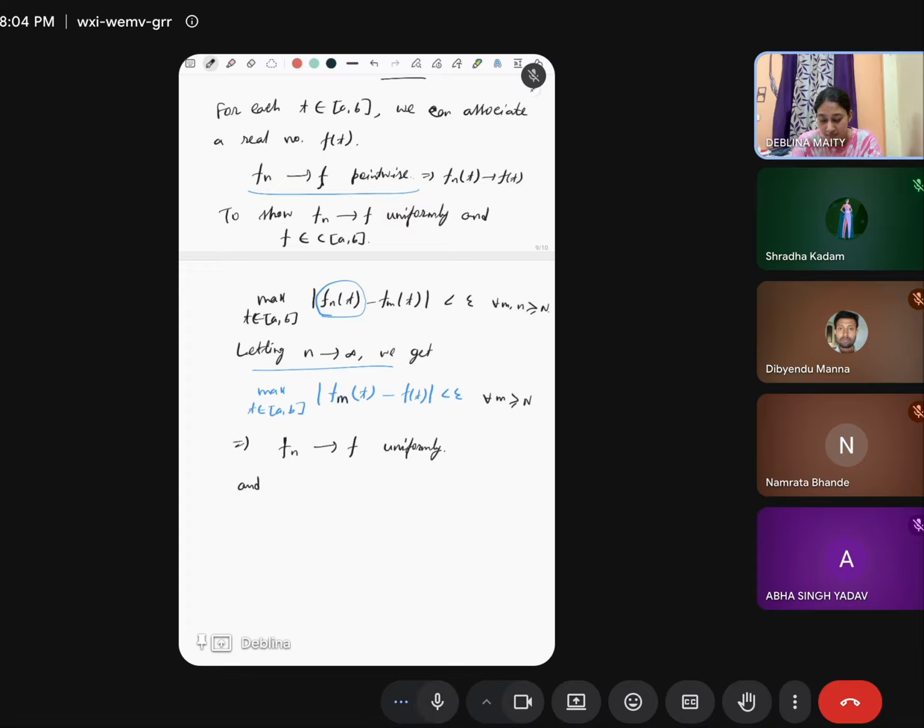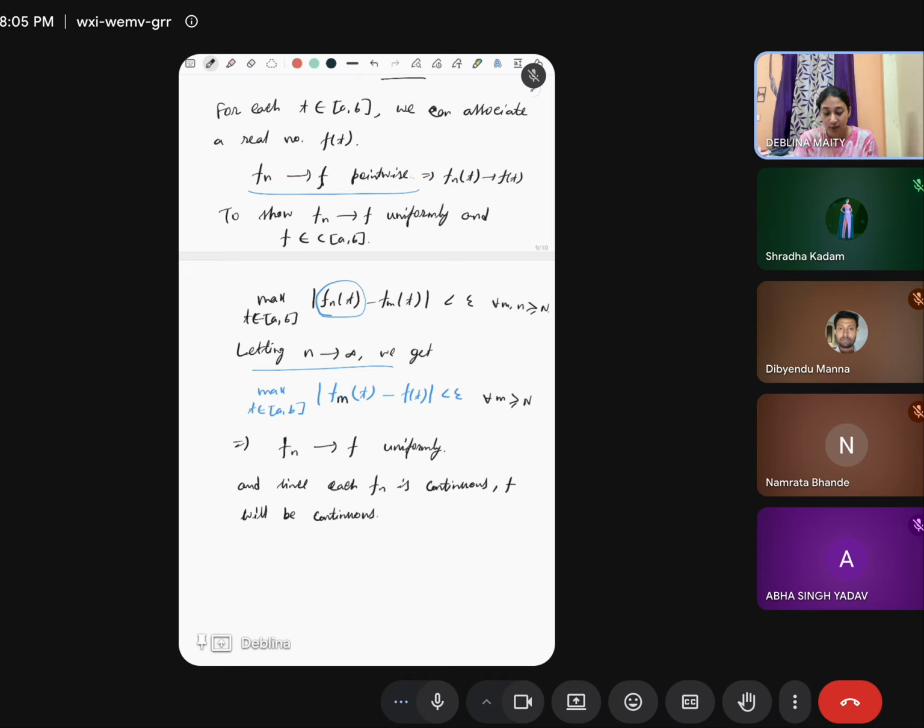Okay. So for this we have shown Fn converges to F uniformly, right? And since each Fn is continuous, F will also be continuous.